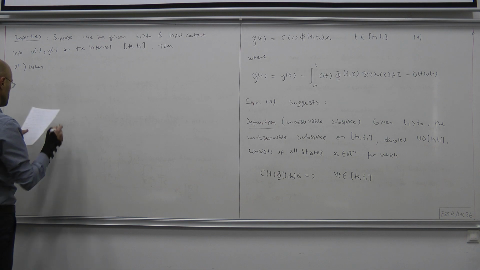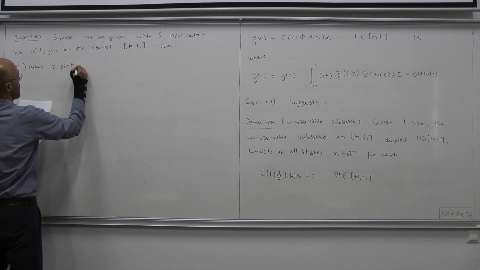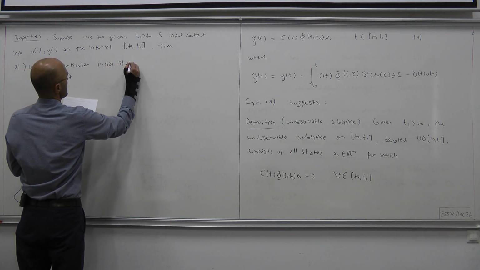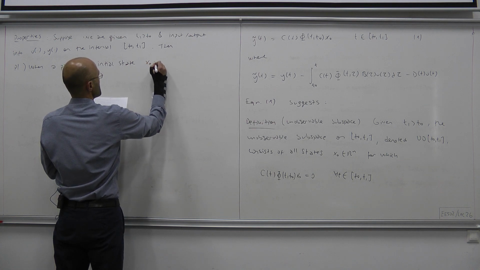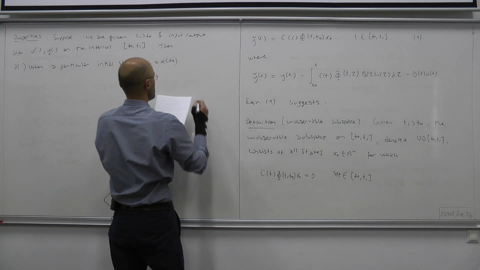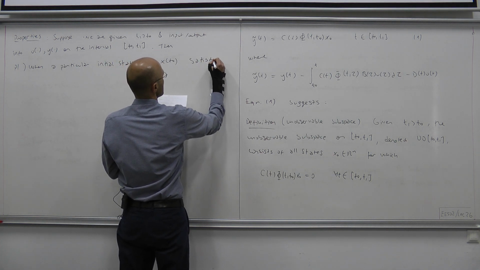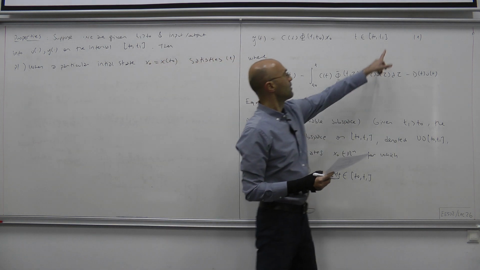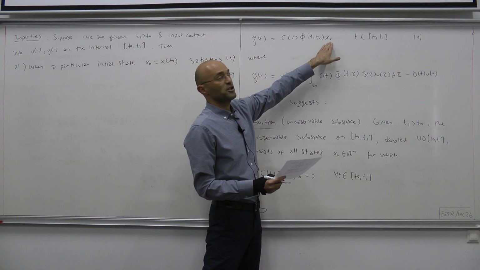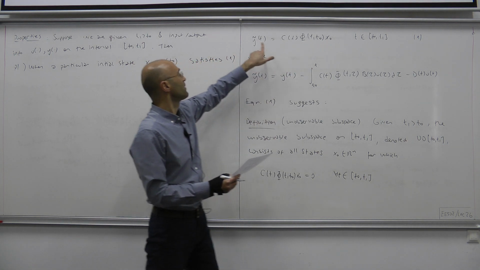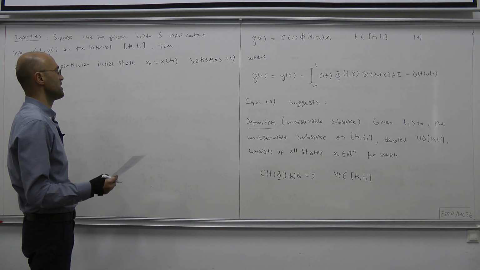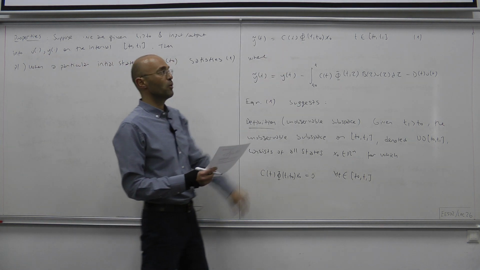When a particular initial state x0 equals x of t0 satisfies equation 1, whatever that x0 is, if you plug it in, it gives you the measurement that you make. So that's a valid x0 from the point of view of equation 1.